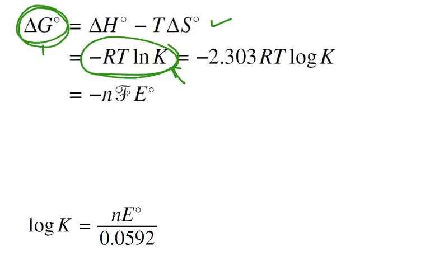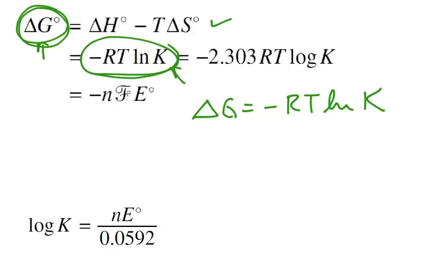So if we know the delta G, we can find the K EQ. Delta G equals negative RT ln of K. If we know the delta G, we can get the K. If we know the K, we can get delta G.